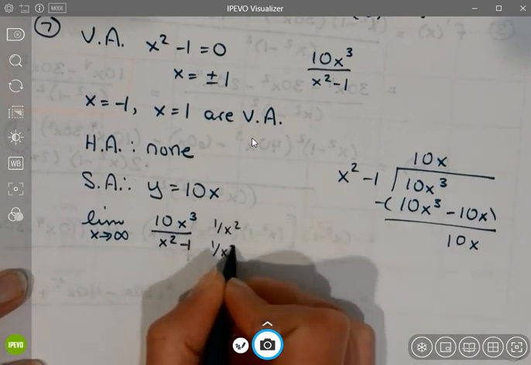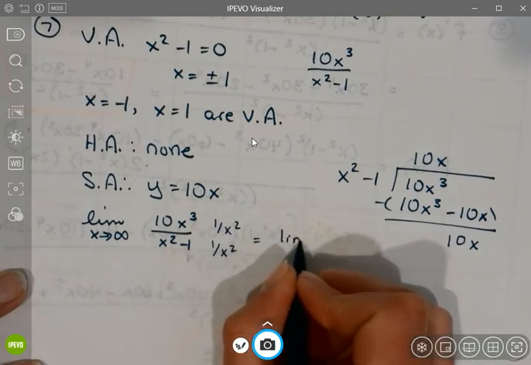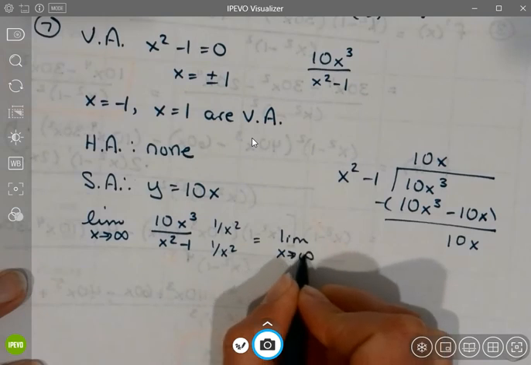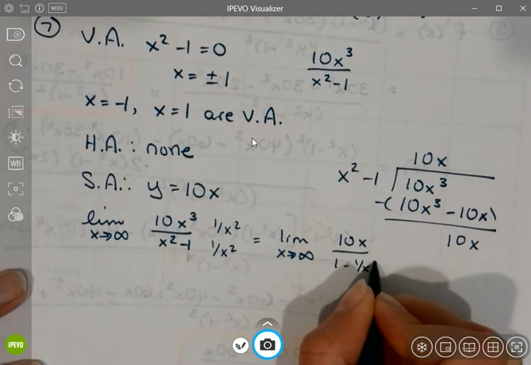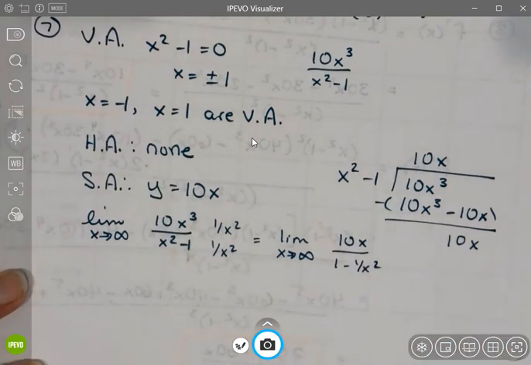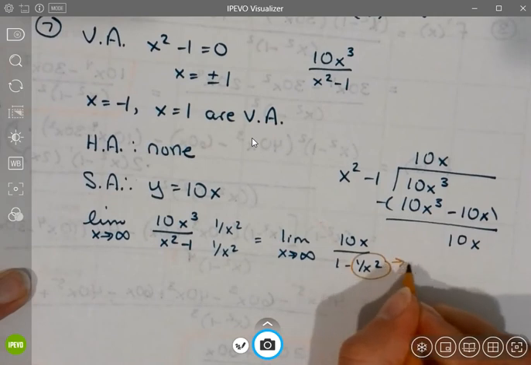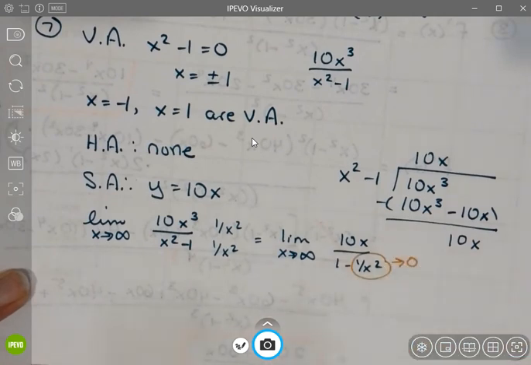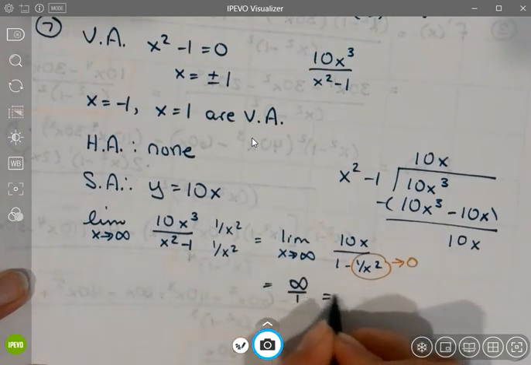Highest power in the bottom is x squared, and that's lower than the higher power on the top. That gives us the limit as x goes to infinity of 10x over 1 minus 1 over x squared. We remember that 1 over infinite, if I plug an infinite in for this infinite on the bottom, goes to 0. So I'm going to be going to infinity over 1, which is going to infinity.